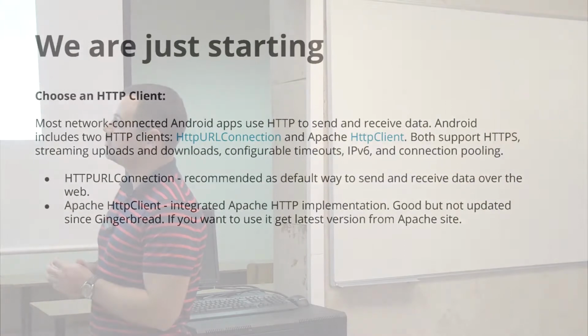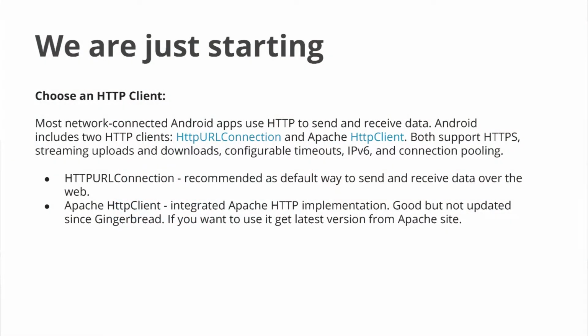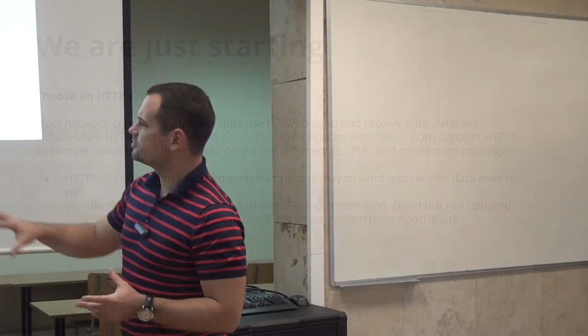Both of them are integrated into the SDK and are part of the programming interface. But actually the HTTP URL connection is the recommended one after some version, Gingerbread, but having in mind that Gingerbread is way older than when you start to create real applications, so it's just the HTTP URL connection.